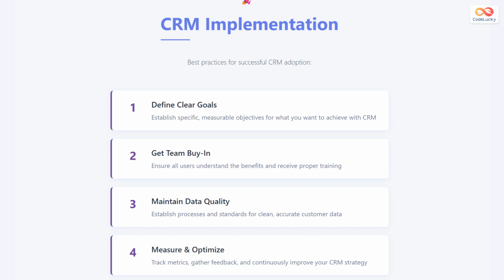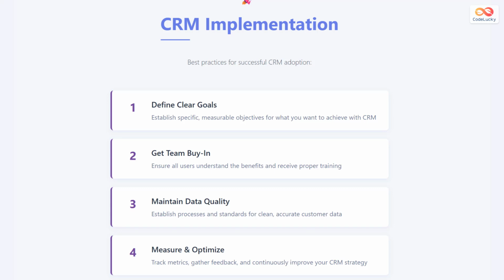Successfully implementing a CRM requires a strategic approach. First, define clear goals. Decide what you want to achieve with your CRM. Are you focused on increasing sales, improving customer service, or improving team collaboration? Be specific and measurable. Second, get team buy-in. Your team needs to understand why you're switching to CRM and how it benefits them. Provide training and make adoption easy.